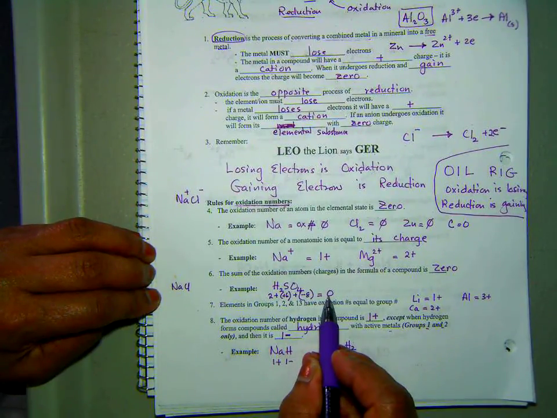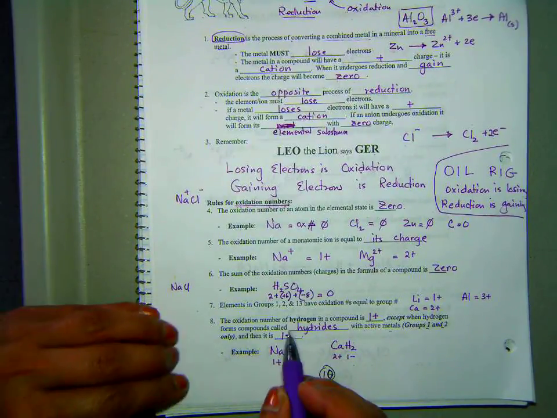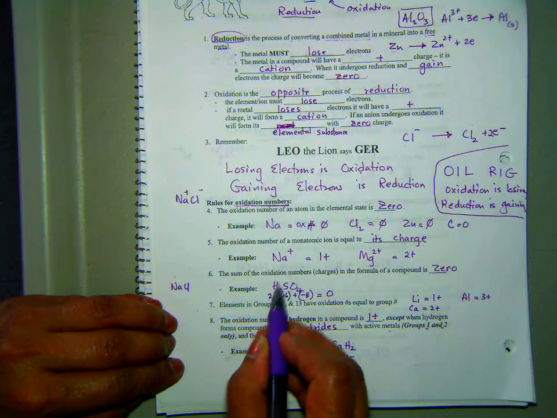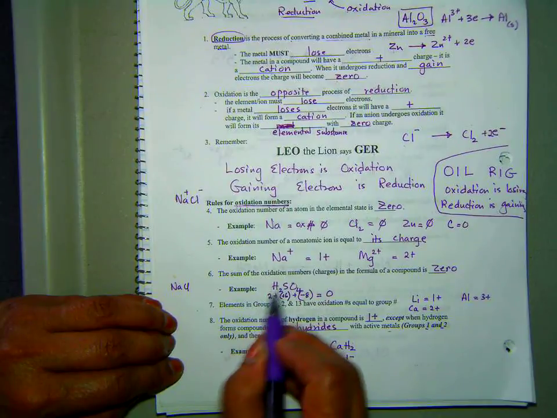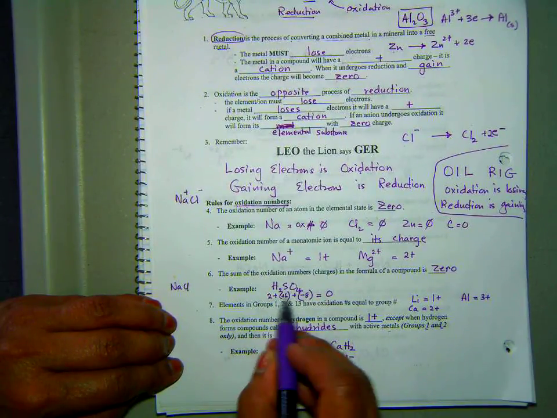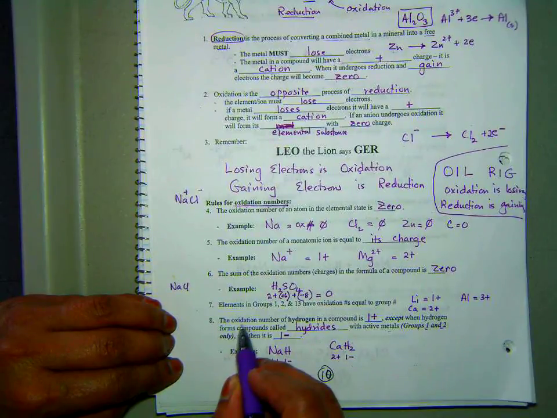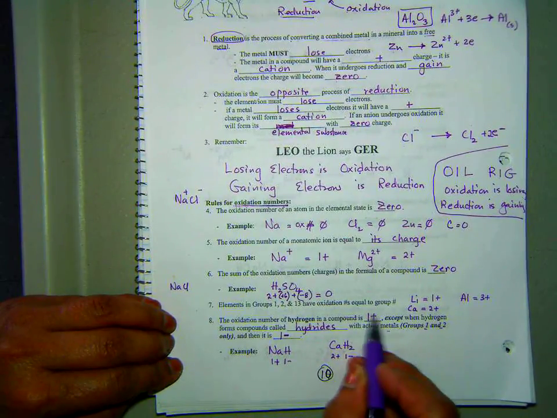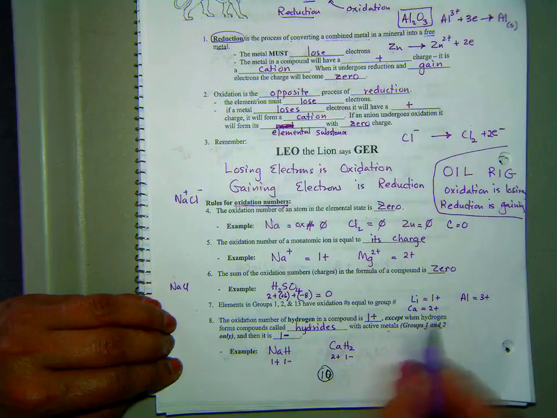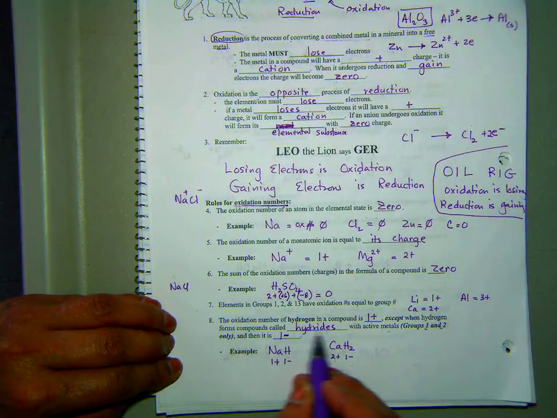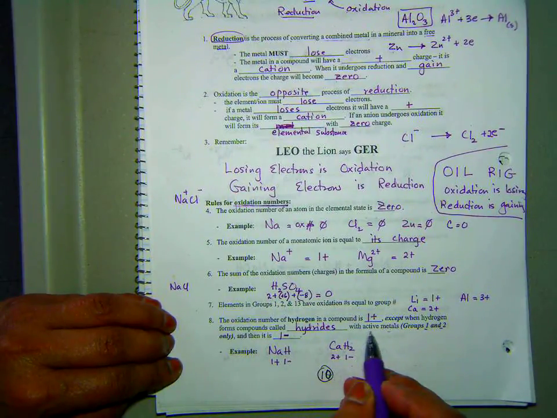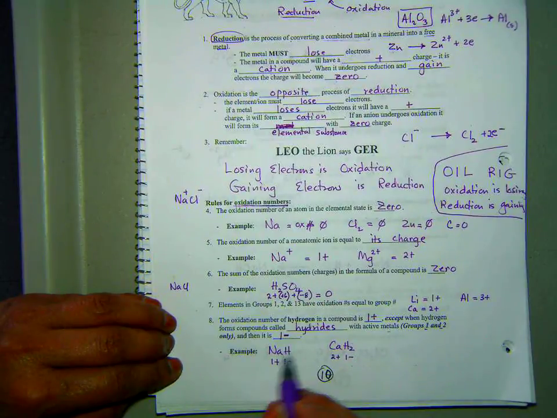So how do you assign the oxidation numbers? Hydrogen always has 1+ oxidation number. Oxygen always has 2 minus. Hydrogen in a compound is 1+, except when hydrogen forms compounds called hydrides. Hydrides are when hydrogen is attached to alkali metals like sodium hydride or alkaline earth metals like calcium hydride.